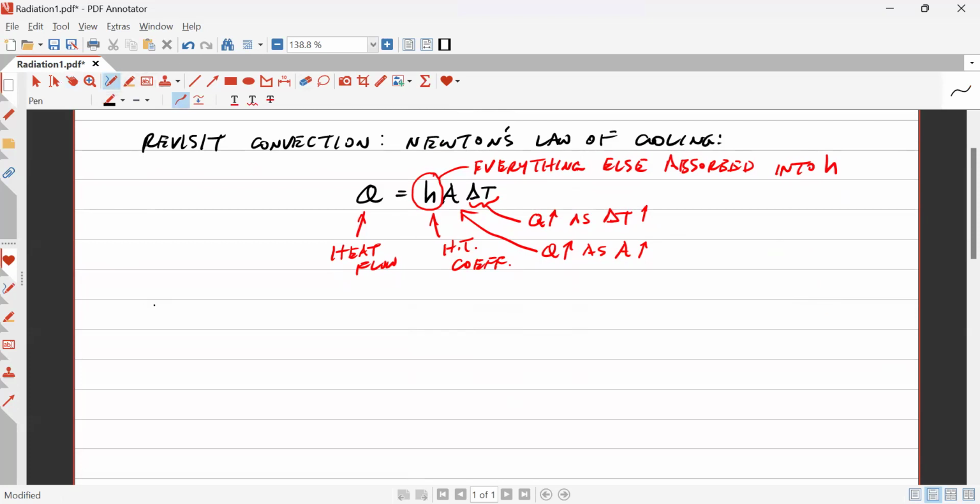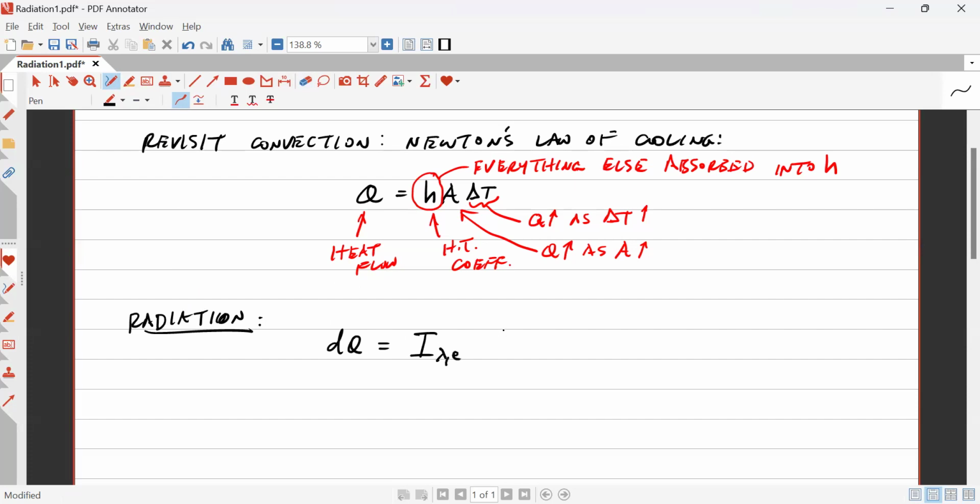Radiation actually has some similarities here. If you look at radiation, it turns out the equation has some similarities in that we're going to use radiative intensity as our catch-all, kind of like we use H as the catch-all for convection. So here's what it looks like. I'll write it out in all its glory, and what we're going to do is decipher this equation a little bit more.